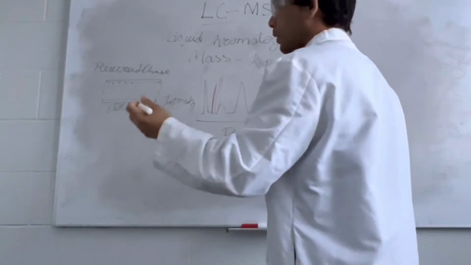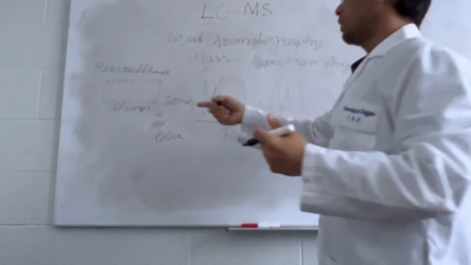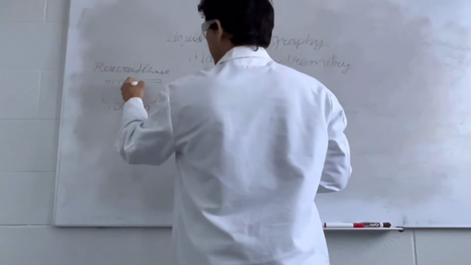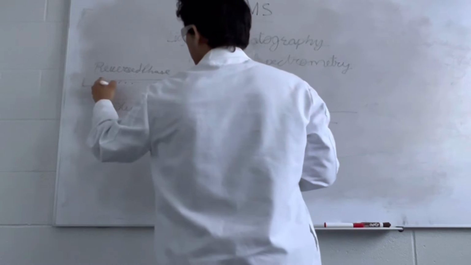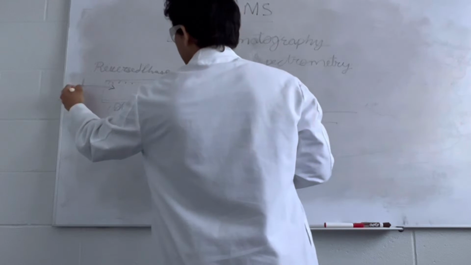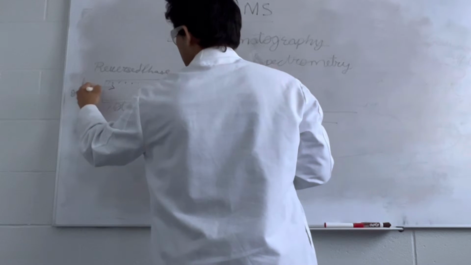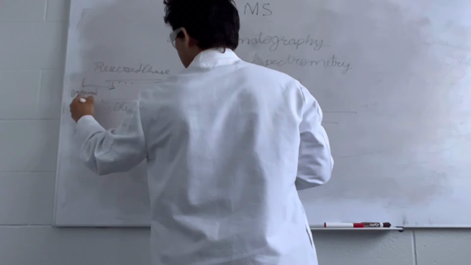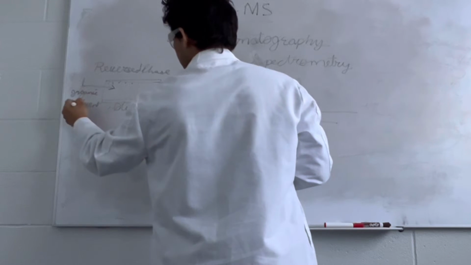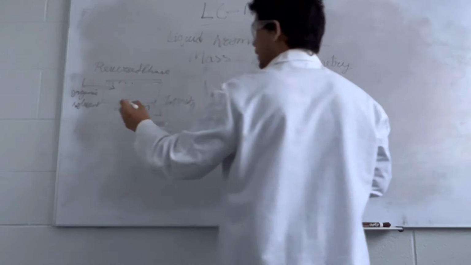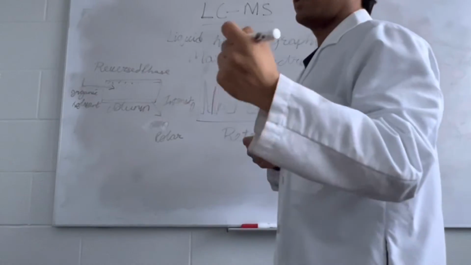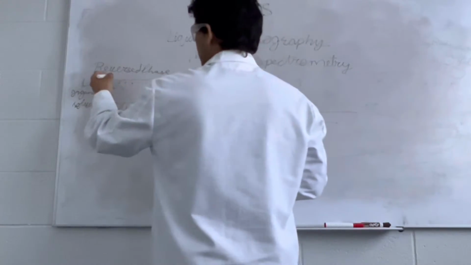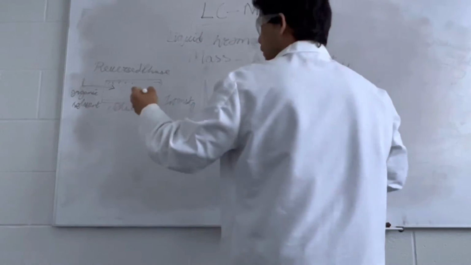How the compounds are eluted from the column into the mass spectrometry is done by a mobile phase. The mobile phase is usually an organic solvent. What it does is change the polarity within the column.